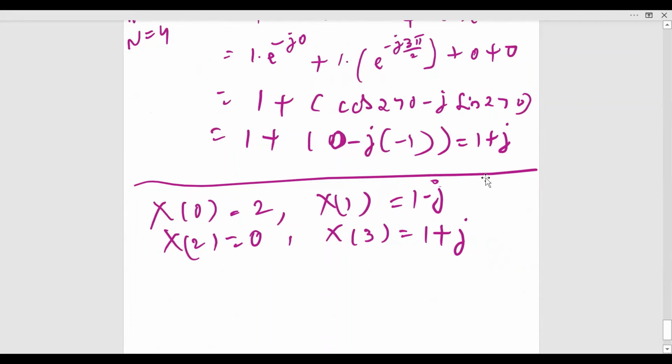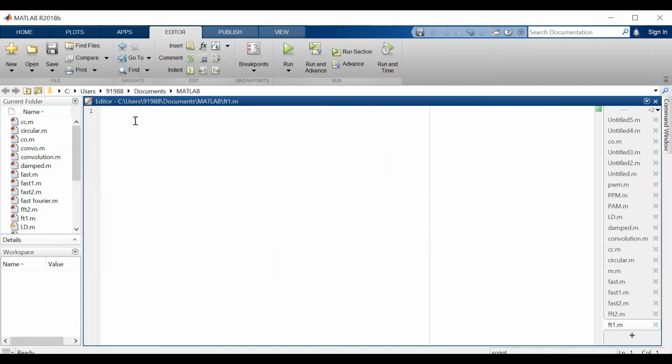Now I'll show how to write this in MATLAB. So we have to take the sequence x. What is the sequence? We have considered 1, 1, 0, and 0.